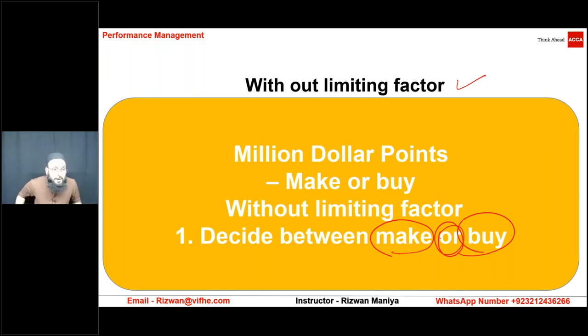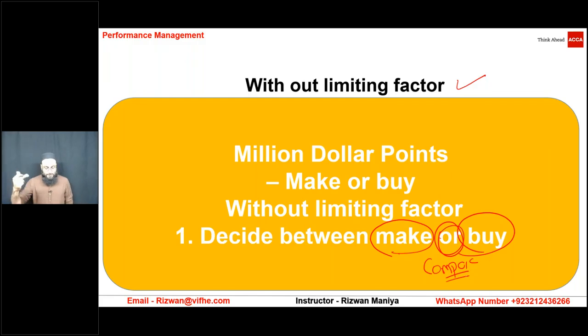Now, how will you take a decision, my friends? So the best way is to compare the cost. You will compare the cost of making with the cost of buying, and obviously, whichever is lower, you will go for that, right? So you will compare the cost of making with the buying, and you will take a decision.